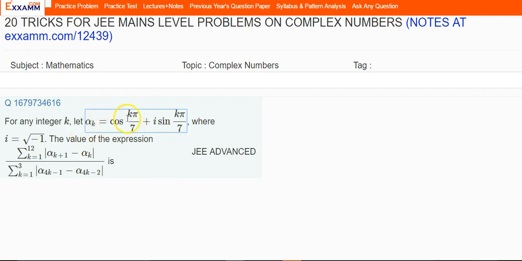So let us write 2k pi upon 14 here. Now, what else do we know? That all these roots, because they are roots of unity, would all lie on the unit circle.